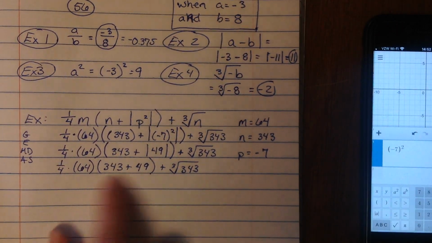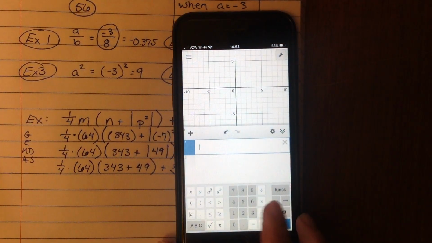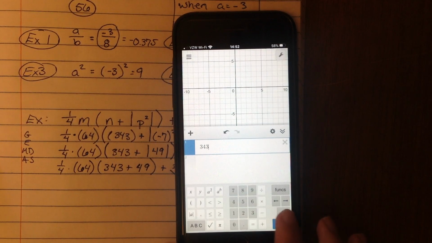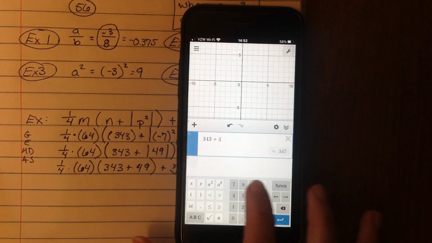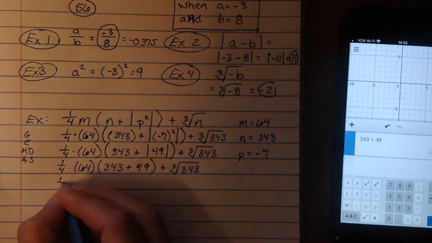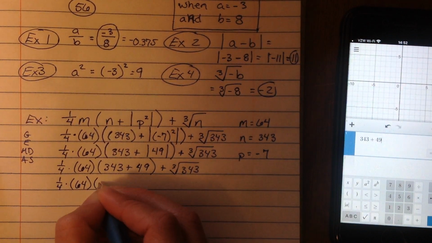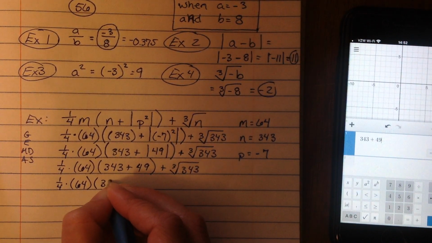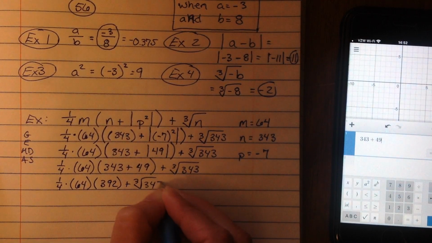Now, I'm still not finished with this set of parentheses because there are 2 things to add. So I'm going to get my calculator and I'm going to do 343 plus 49. And I get 392. So I'm going to rewrite everything again, times 64 times 392 plus the cube root of 343.